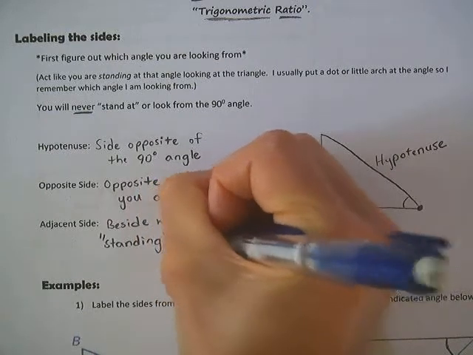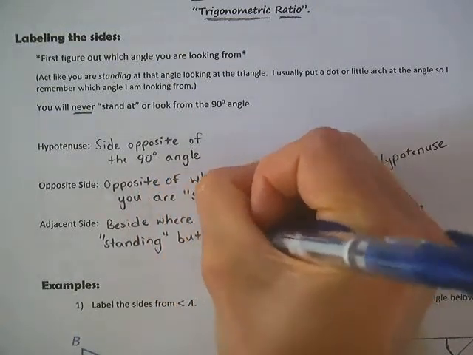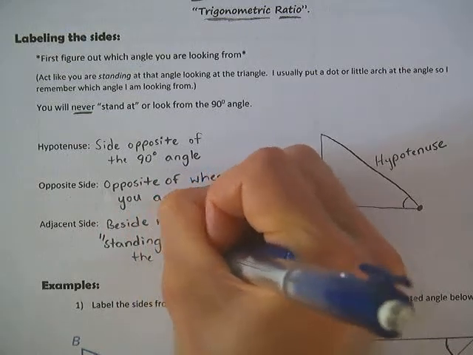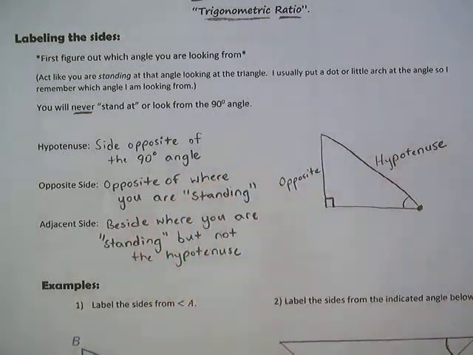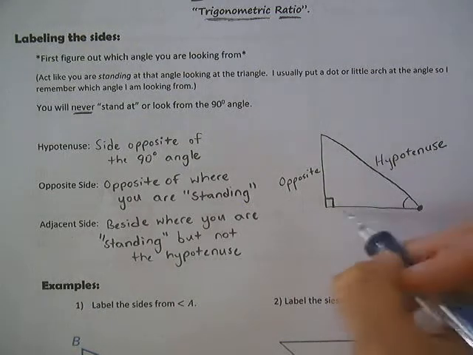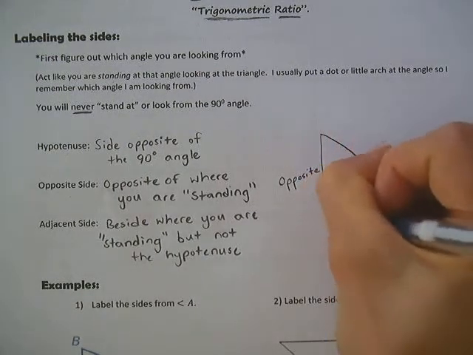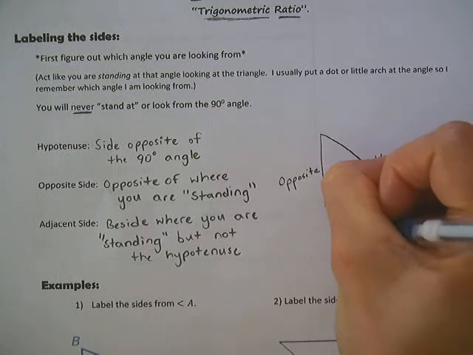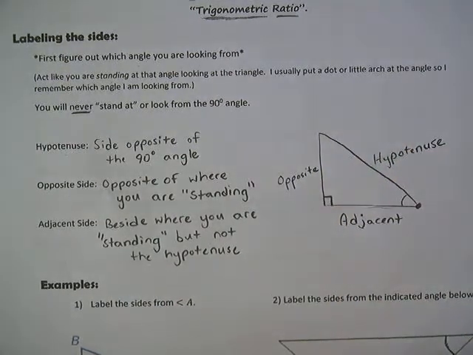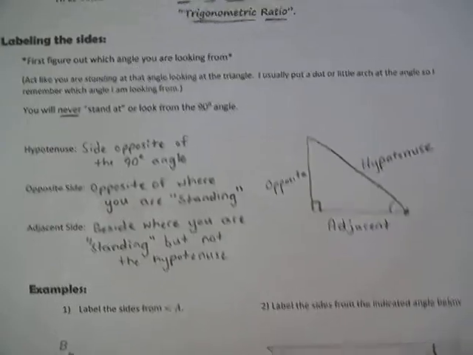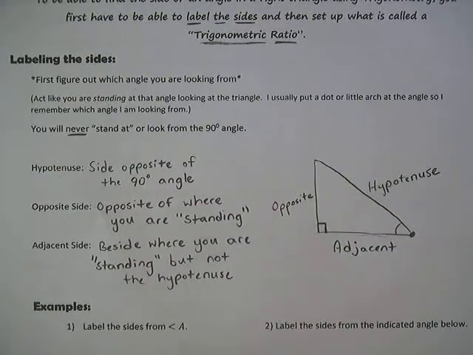But it's not the hypotenuse. Okay, so the side that's beside where you're standing, but not the hypotenuse, would be this side right here. So this side would be your adjacent side. Okay, so what we're going to do to begin with is just practice with a couple problems labeling the sides, and then we'll go on to talk about how to set up a trigonometric ratio.